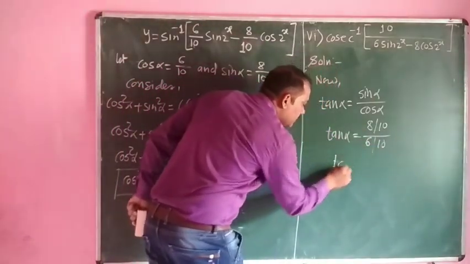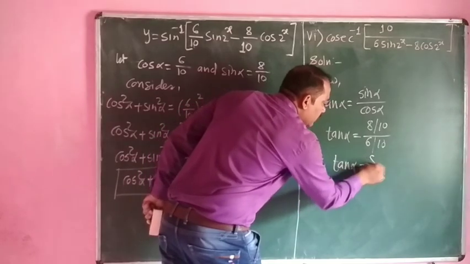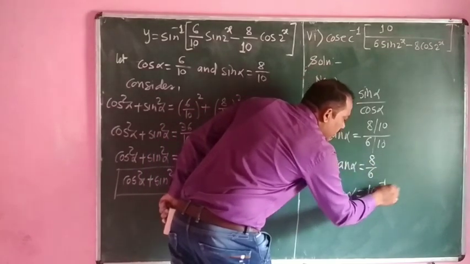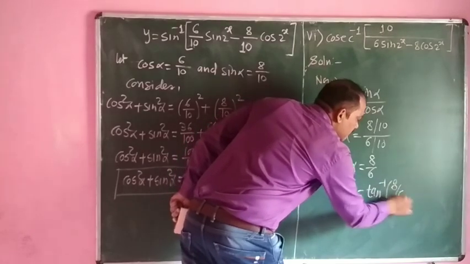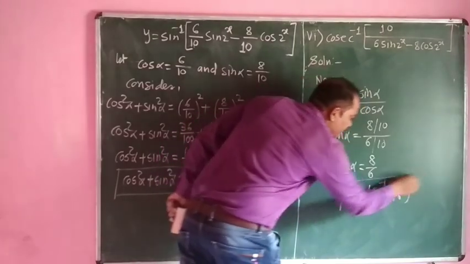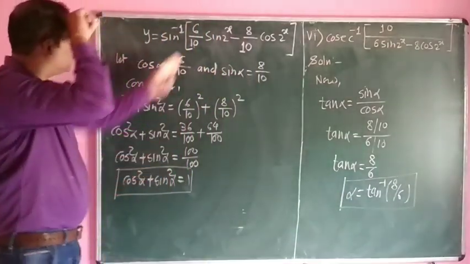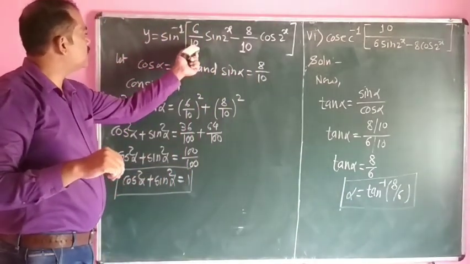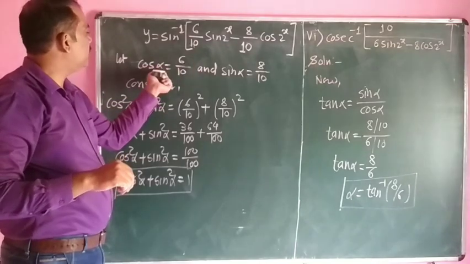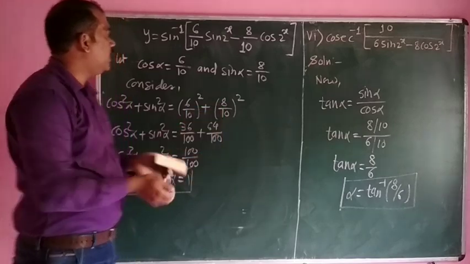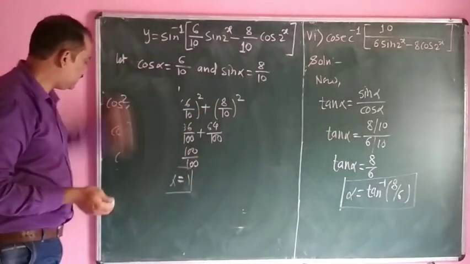The 10 gets cancelled, so tan alpha is equal to 8 by 6, that is, alpha is equal to tan inverse of 8 by 6. Now we have to use all these values here. Cos alpha is 6 by 10 and sin alpha is 8 by 10.